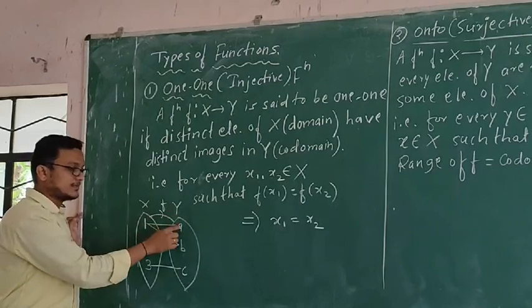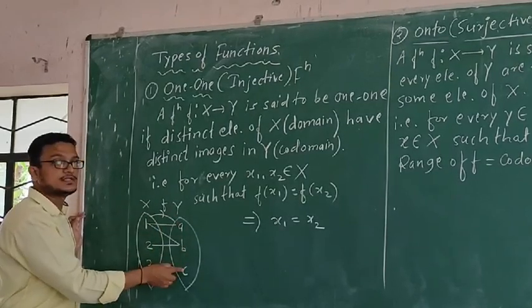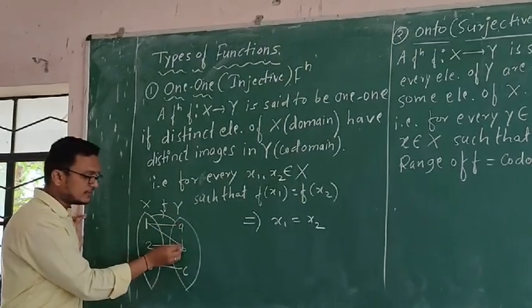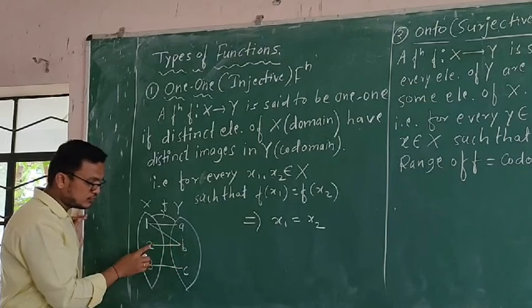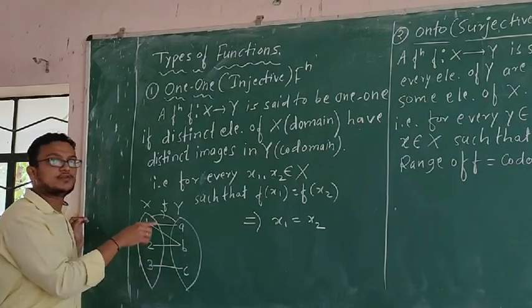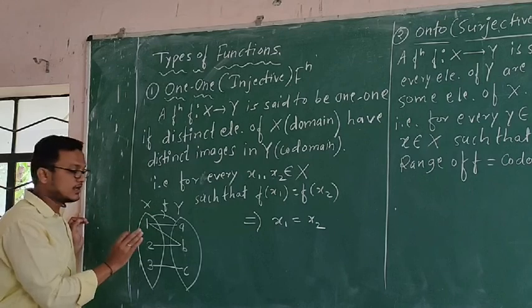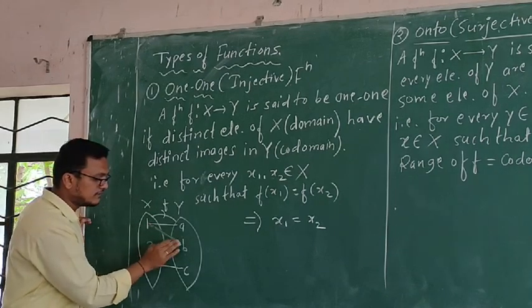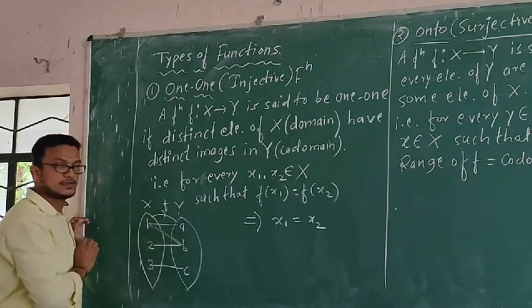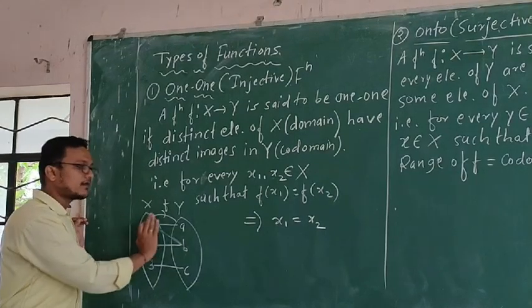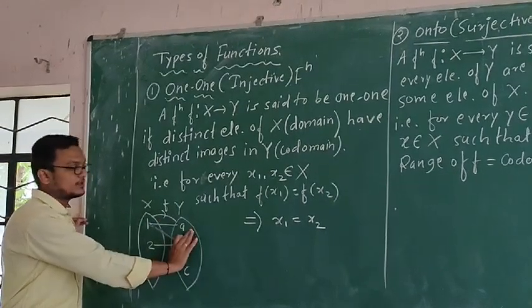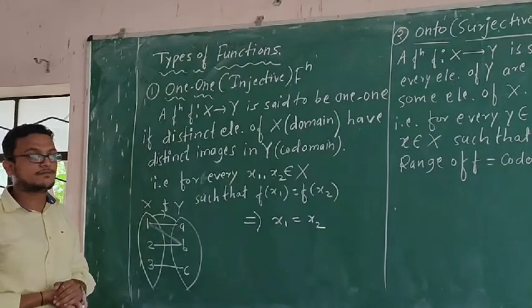So the image of 1 is a, of 2 is b, of 3 is c, then it is one-one. But at present, if I say b is the image of 2 as well as the image of 1, therefore it is not a one-one function. I hope you have understood the definition of one-one function: different elements of the domain have different images in the codomain. Okay, so this is regarding one-one function.